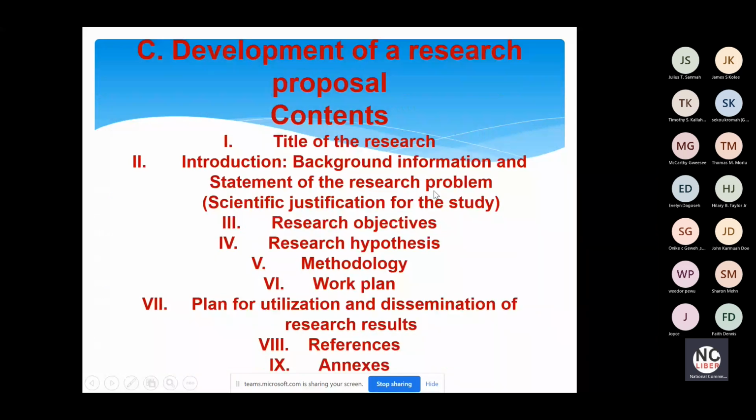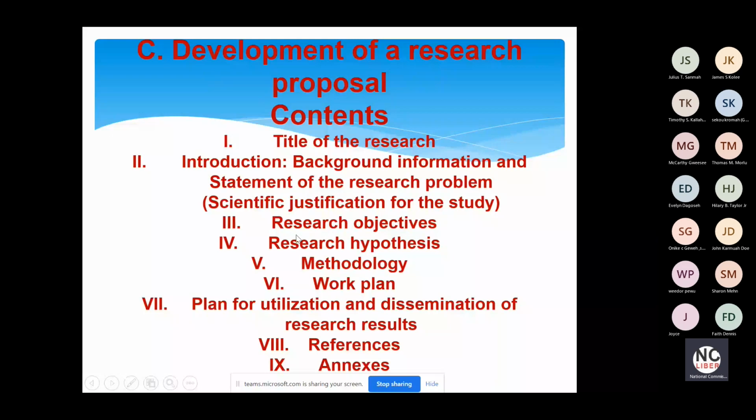Now, when you are writing the proposal, what are those things we want in the proposal? We want the title of the research. We want the introduction. We want the research objective.